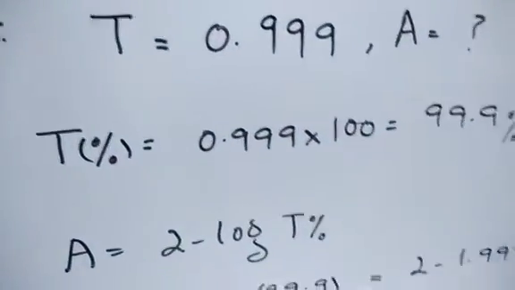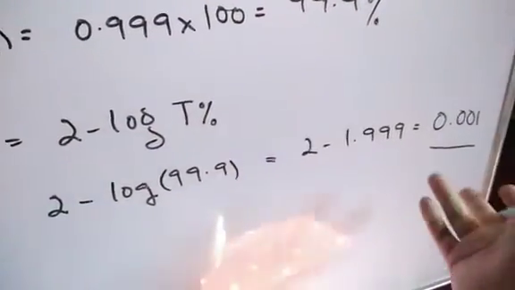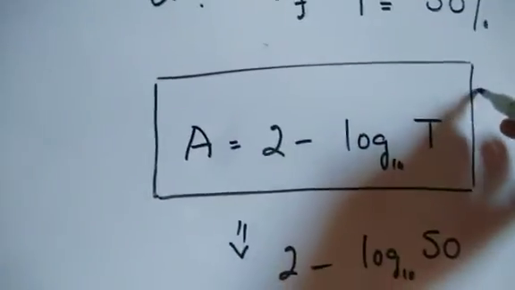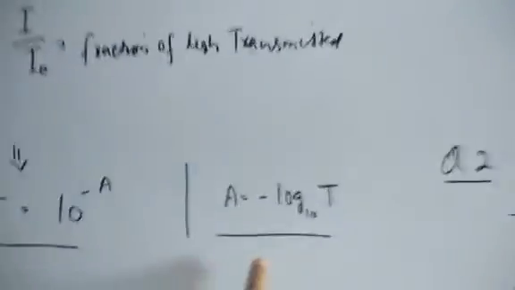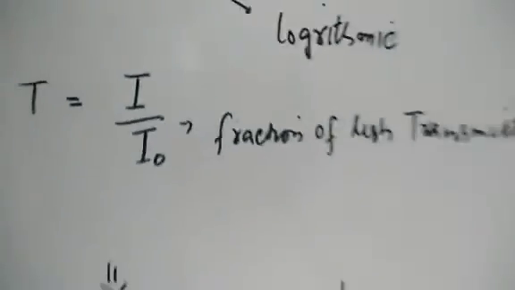So you can say if you got the percentage, it is 0.1%, then multiply 100. So this way we can actually solve it. Just remember this relationship, it's very important. Absorbance is equal to 2 minus log T. So the relation is not the inverse, it's basically the logarithmic relationship.